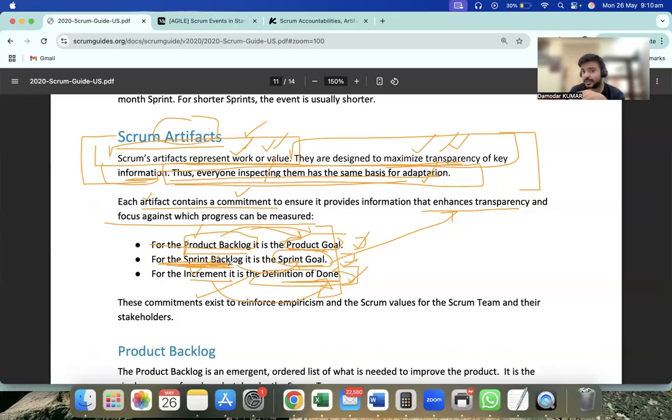So the sprint backlog is for that specific sprint, whatever items were picked will be in the sprint backlog. And the commitment for the sprint backlog is the sprint goal. So for example, one of our sprint goals in the very first sprint is to make the website have a login and sign up feature.